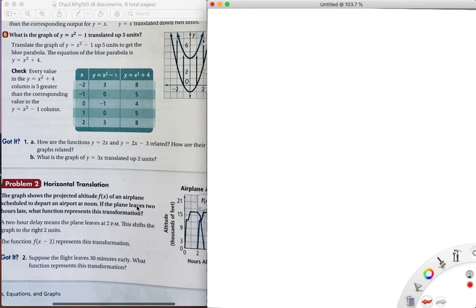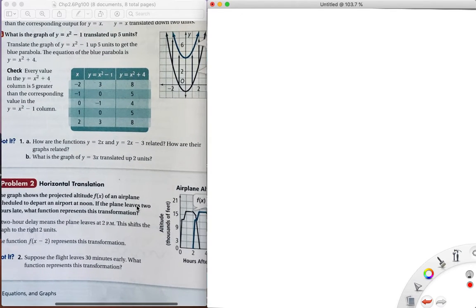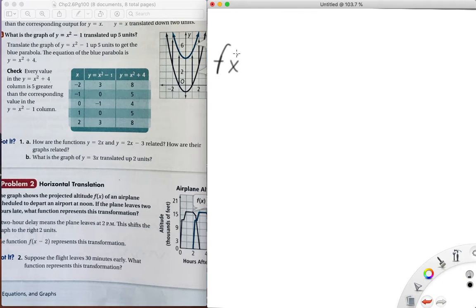Horizontal translation. We have a scenario where the plane leaves 2 hours late, so it has the function of f of x minus 2, which was 2 hours late. And then they ask, well, what if it's half an hour late?